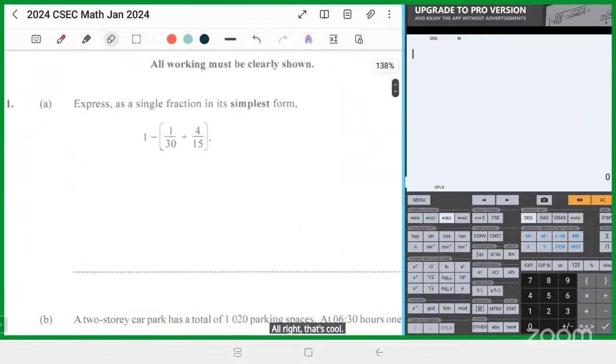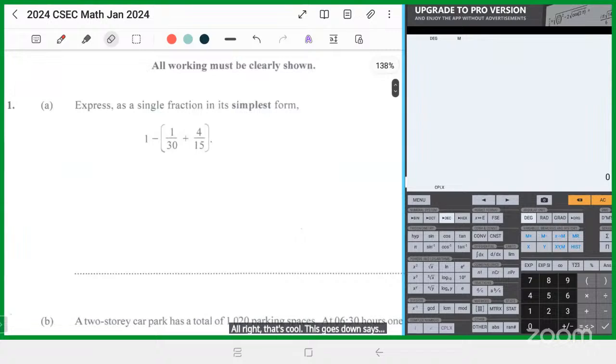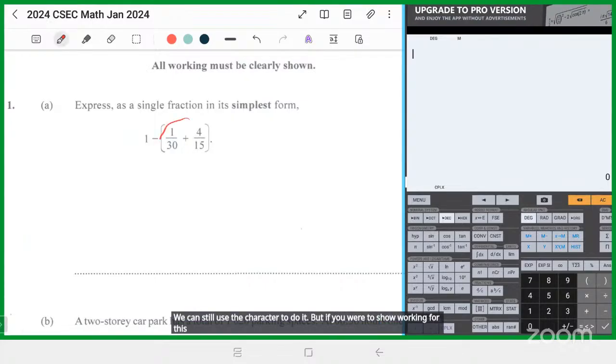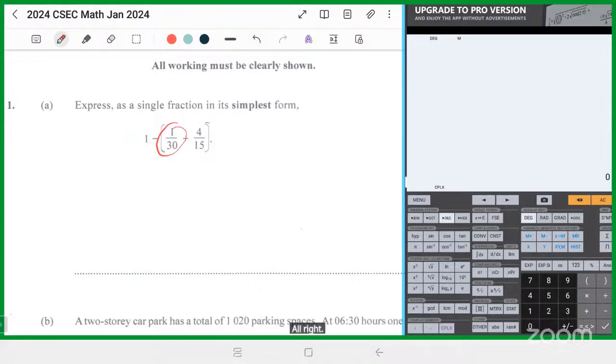This question says we have to express this as a single fraction in simplest form. They didn't tell us to use the calculator, but we can still use it. If you were to show working, we'd work out what is in the bracket first, as usual. When dealing with fractions, you want all the fractions to have the same denominator.